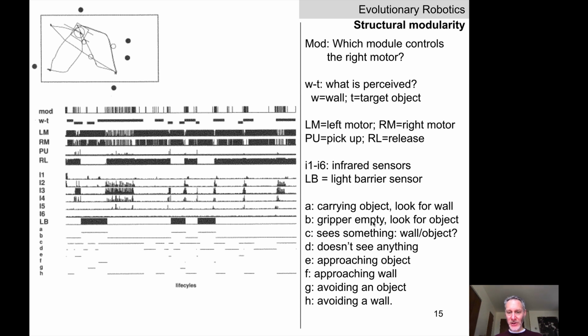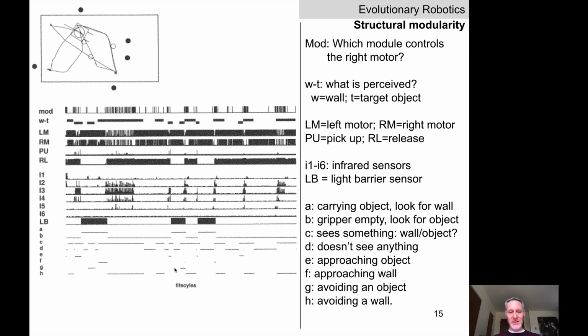Gripper is empty and it's looking for an object, a different candidate behavioral module. If we look at pattern B, these are the periods in which that potential or hypothetical behavioral module might be in control of the robot, and they plot exactly that just by watching the robot. Those hypothetical modules don't seem to correspond to the real modules, and so on.